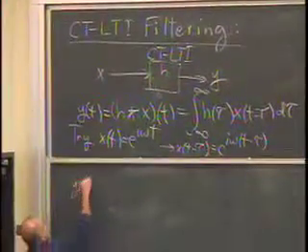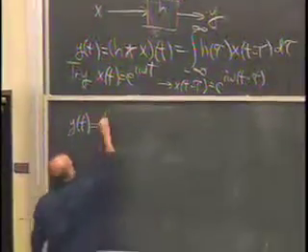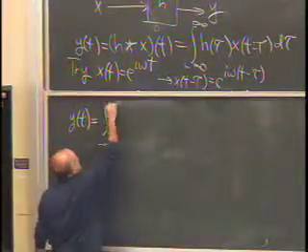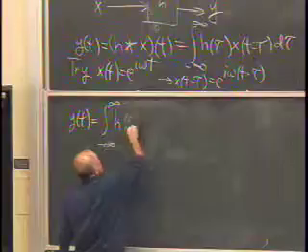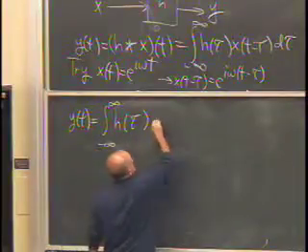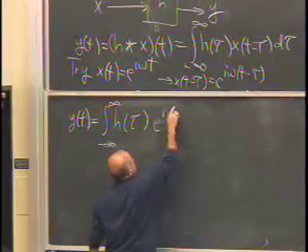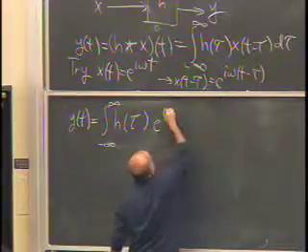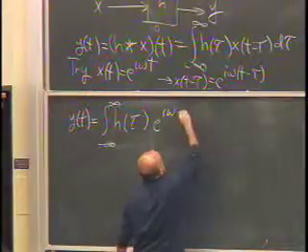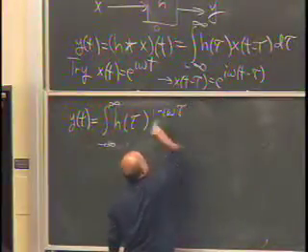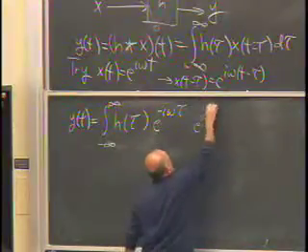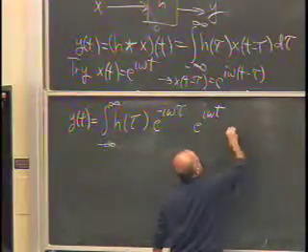So y of t, the output, is the integral from minus infinity to infinity, h of tau, e to the I omega (t minus tau), d tau.